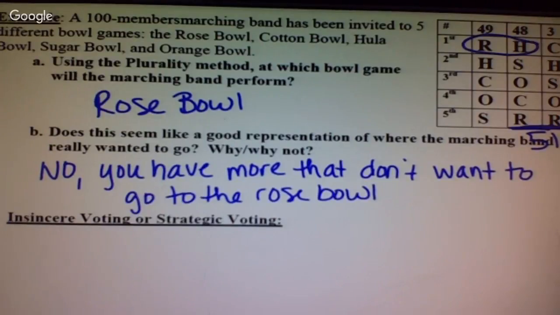You have more people that don't want to go to the Rose Bowl than you do that want to. So that is one of the problems about the plurality method, which is why they did away with the popular vote.